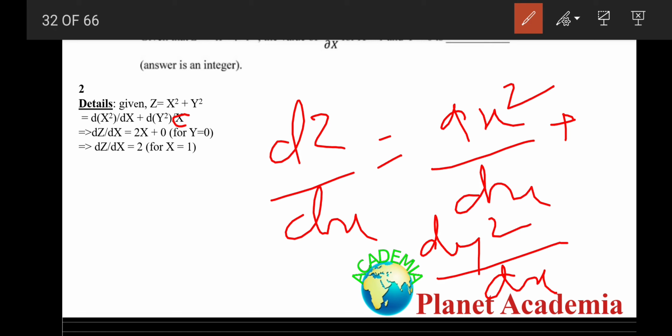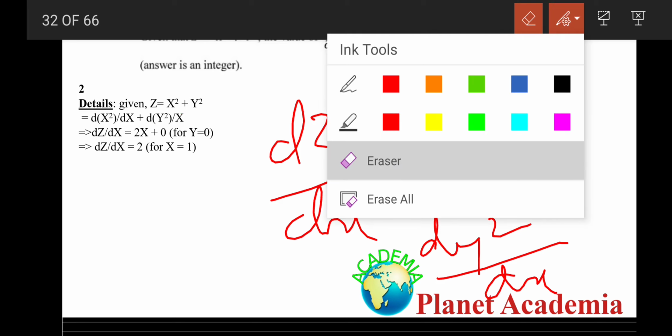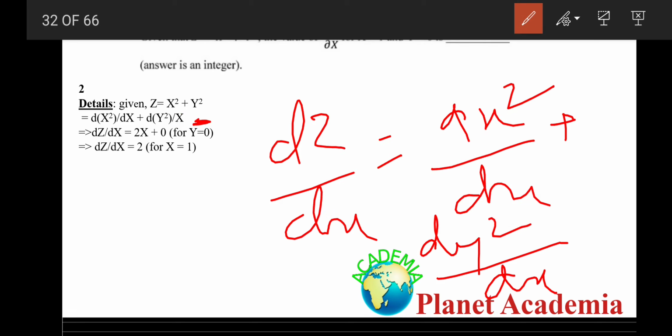Here is a minor mistake, I wrote x only, sorry, it should be dx.